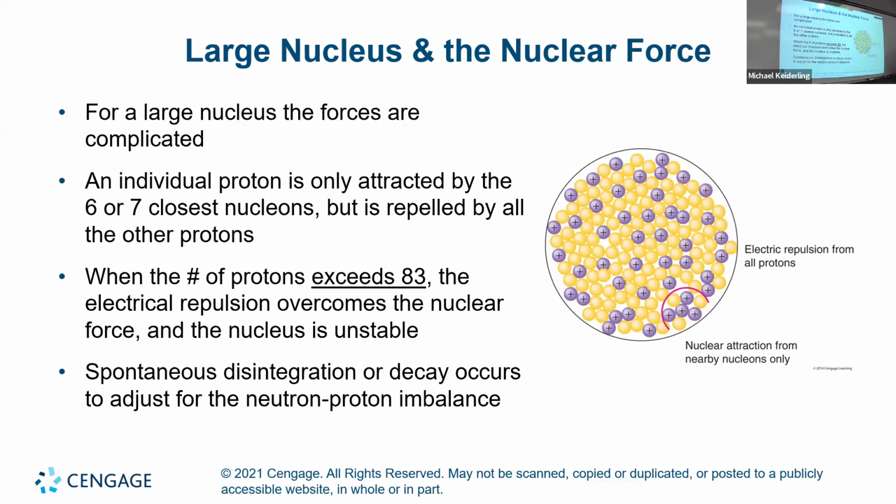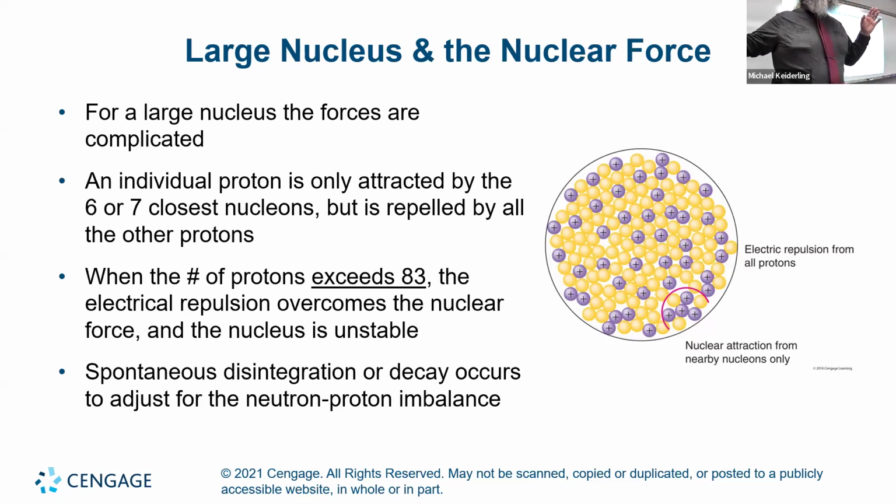So, for a large nucleus, the forces are very complicated. But what it boils down to is that an individual proton is only attracted by the 6 or 7 closest nucleons to it. But it's repelled by all the other protons. This is why, as you go up in the periodic table, at the beginning you generally have an even number of protons and neutrons.